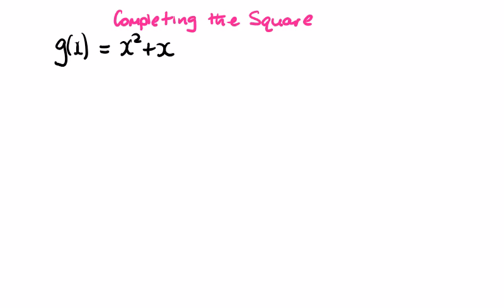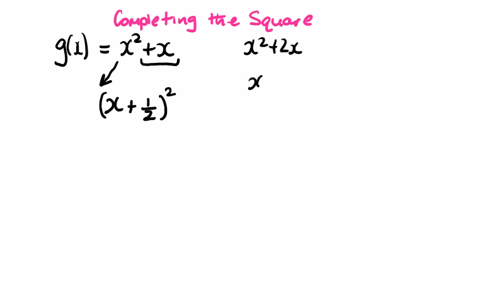This is the key. So let's have a look at the first connection between this equation and how it looks on a graph. If we want to get x squared, we'd have to have x inside a bracket and a squared outside the bracket. And to get x itself, we'd have to have x plus a half of the coefficient of this number. So if you imagine x squared plus 2x, we'd have to have x plus 1 in a bracket to be squared.